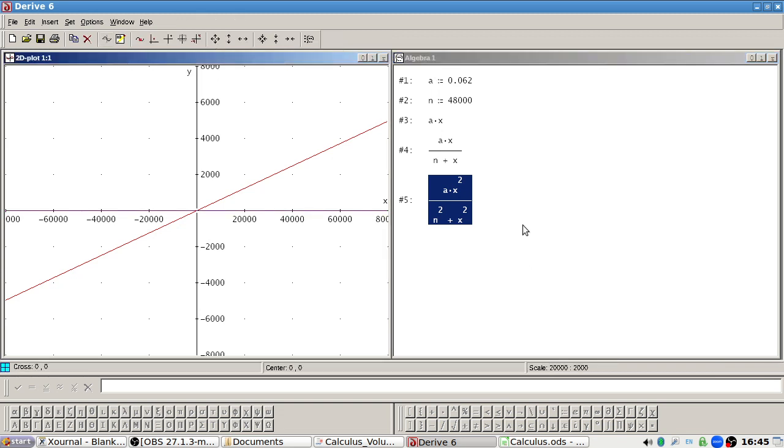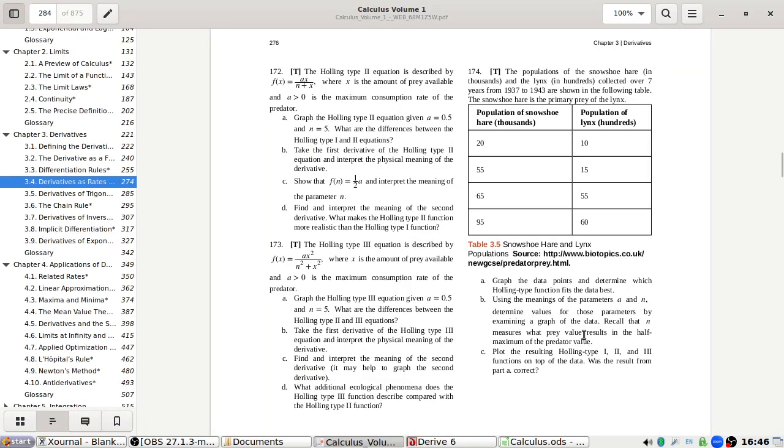Huh. The A and the N is way off. I feel like I've done something wrong with the N though. I don't feel like I've done that right. I really think that's wrong. I must be misinterpreting it.